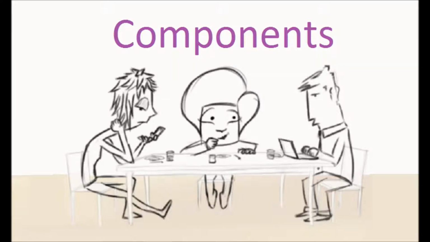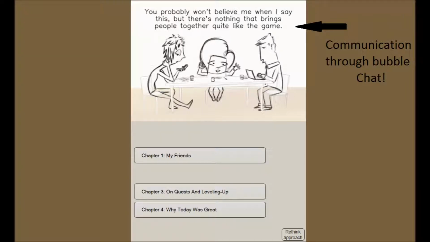Components. The game was very simplistic, and there were not many components used. There is no sound or video, just a plain background and a hand-drawn cartoon of a family sitting at a table. The characters communicate with bubble-like chat above their characters' heads and facial expressions. Even though the game is simplistic, you are still drawn into it more through your imagination than the game's immersion.